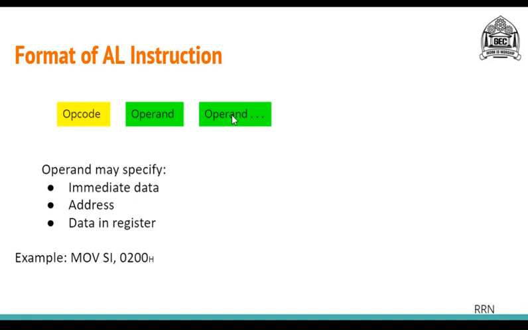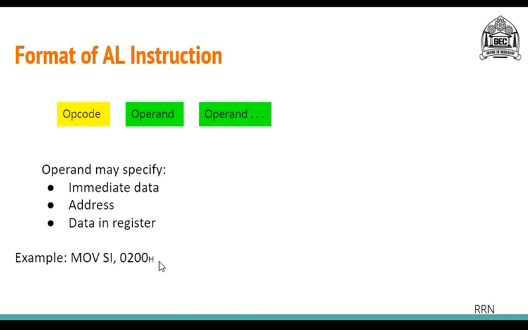Now, as you can see, students, there is an example which is provided for you all, which is MOV SI, 0200H. So over here, as you can see, it has two operands and one opcode. Opcode is MOV, which is move. That is a moving operation. Here SI states register, which is the third specification, that is data in the register.